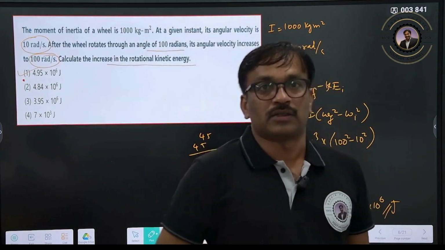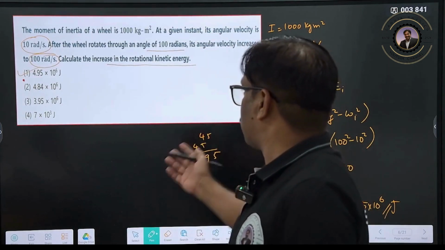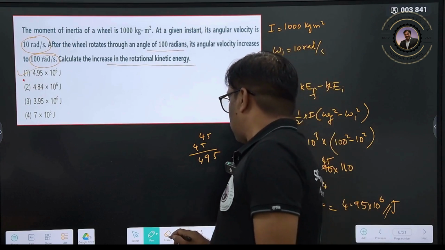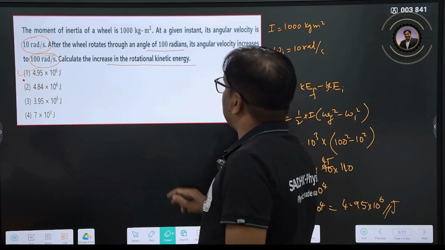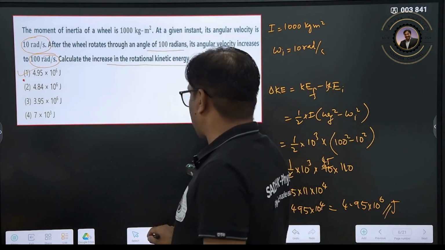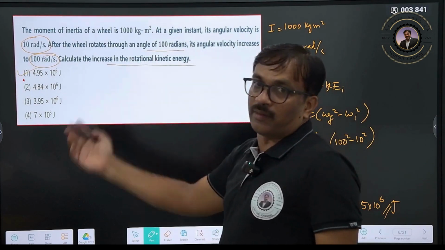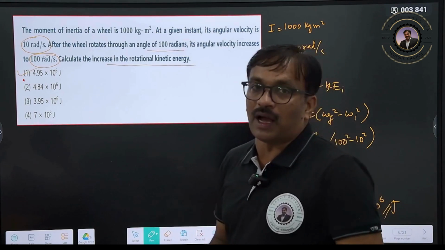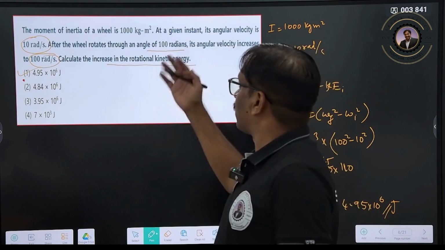Clear? So here you can solve a lot of problems. Since the angle is given, you can calculate after how much time it will reach this, what the alpha value is, the number of rotations.